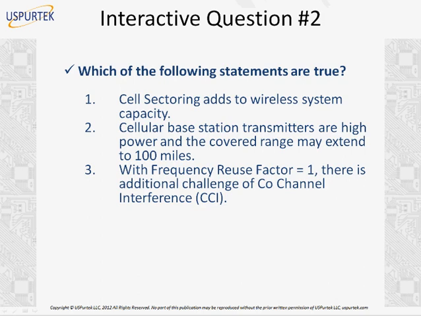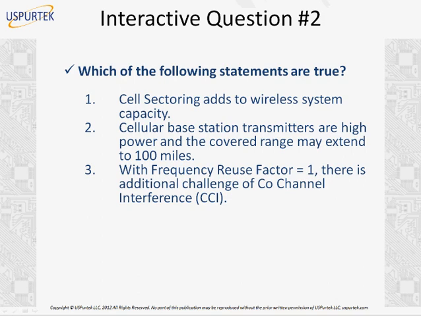Okay, somebody asked a question, why 3? Let me go back to the slide. Yeah, so why 3? Because if we have a frequency reuse factor of 1, that means we are keeping n equal to 1. That means there is an additional challenge of co-channel interference.